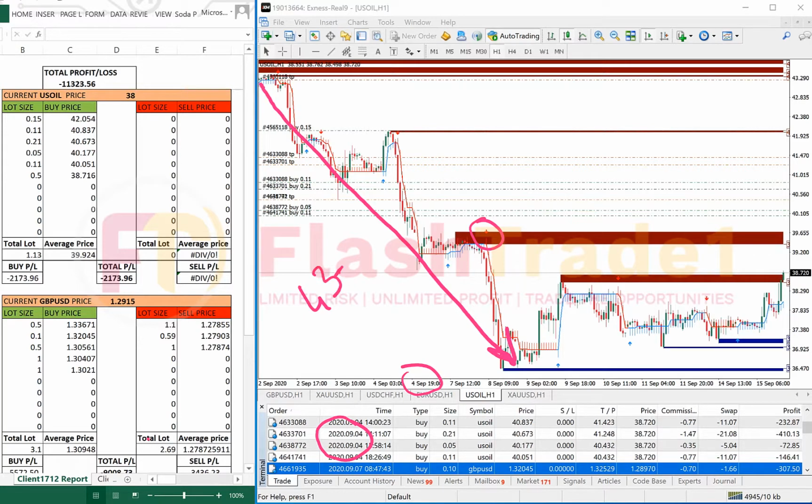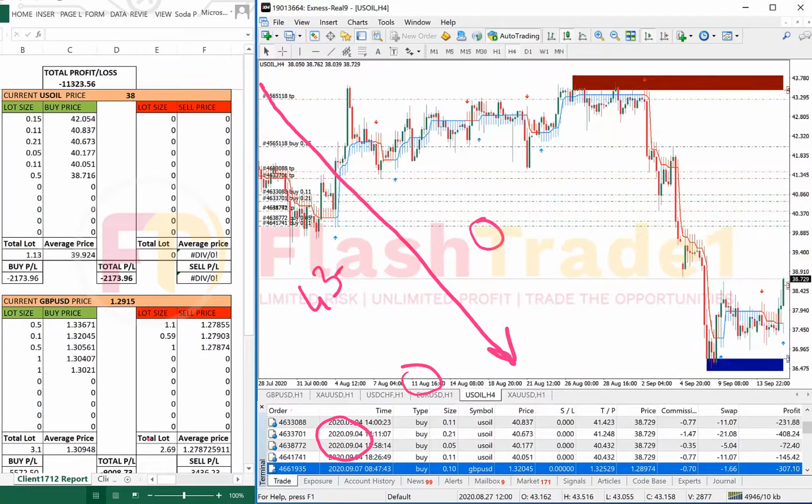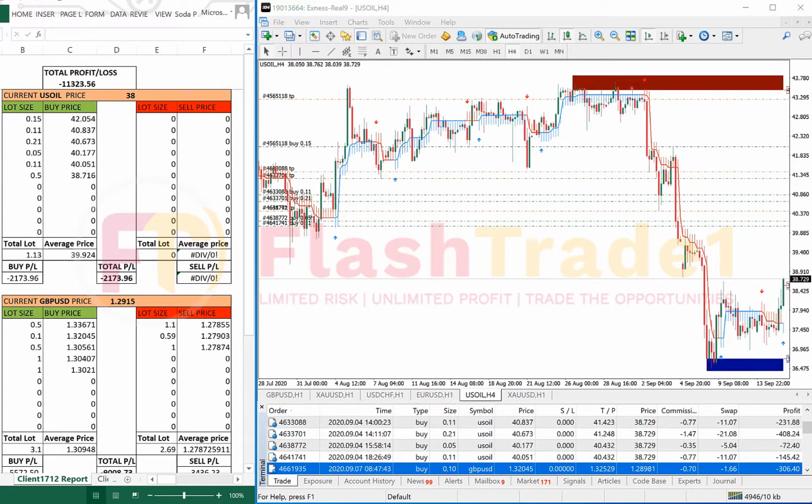But we will convert the chart into the H4 time frame, as it generates fewer signals, and we can see the trend chart going precisely from 43 to 36, and again from 36 to 38.